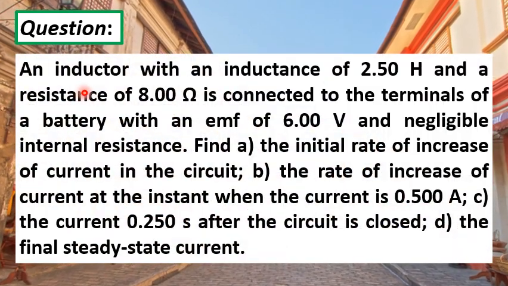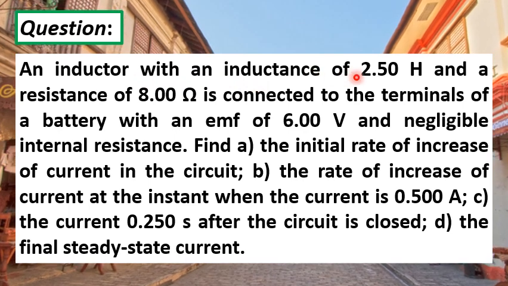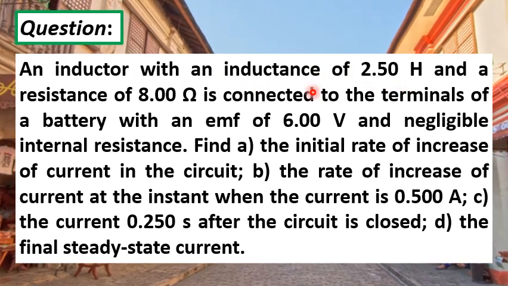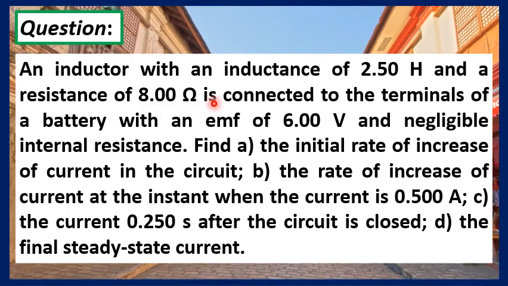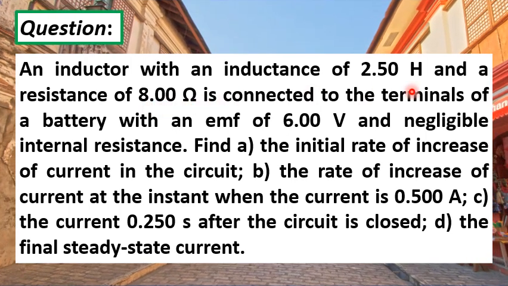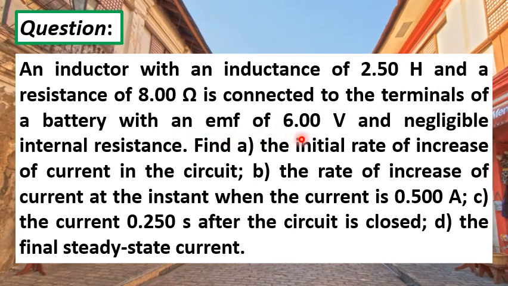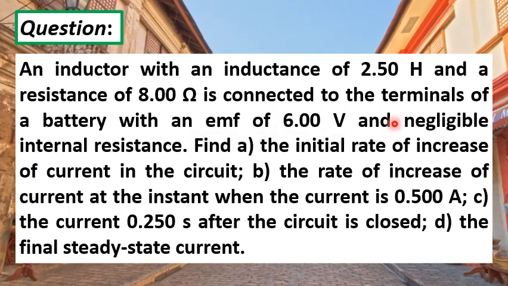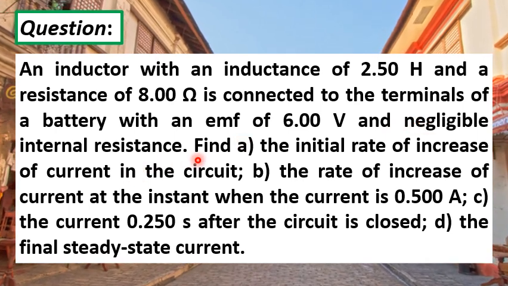The question is, an inductor with an inductance of 2.50 Henry and a resistance of 8.00 ohms is connected to the terminals of a battery with an EMF of 6.00 volts and negligible internal resistance.